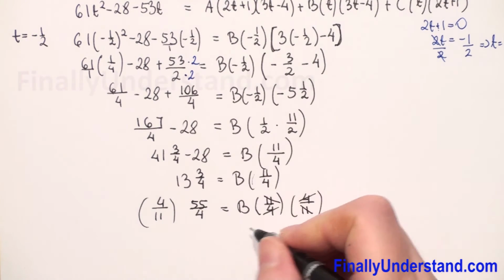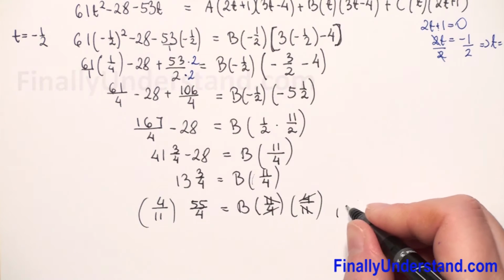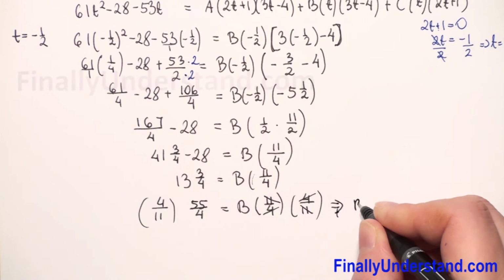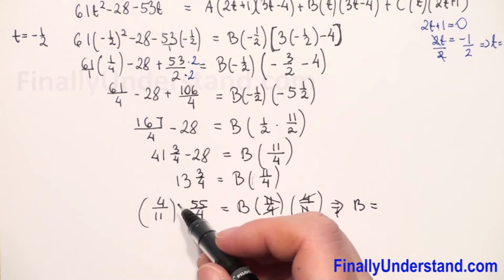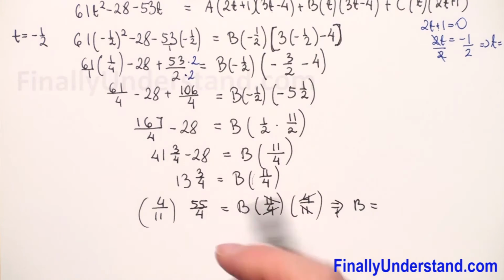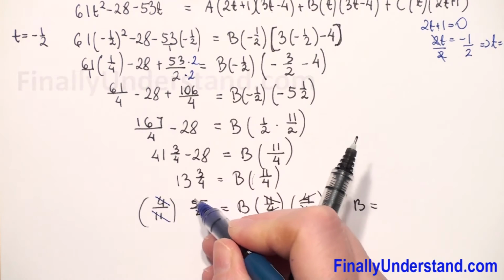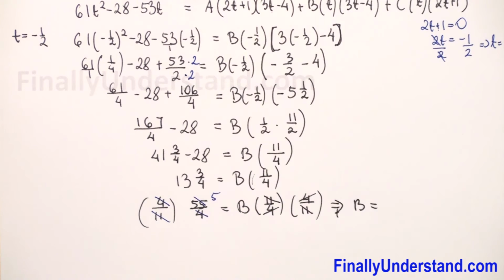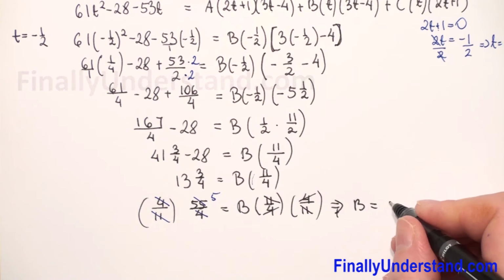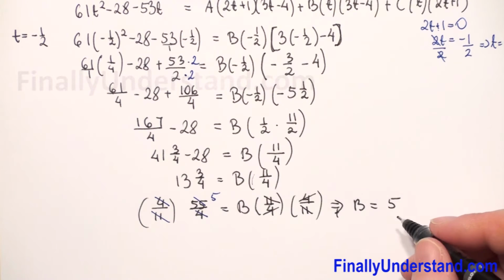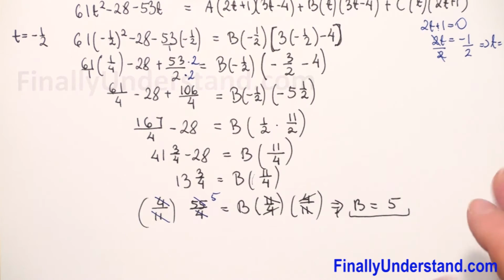B times 1 give me b, so we can write that b is equal, and on the left side we can reduce 4 with 4 and 11 with 55 is 5. So we have that b is equal 5. So now we need to find a and c.